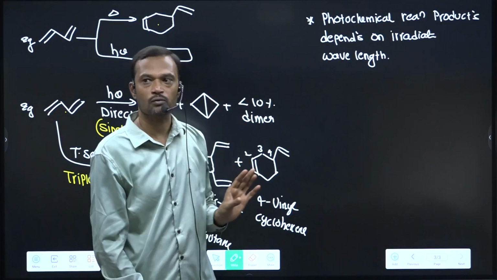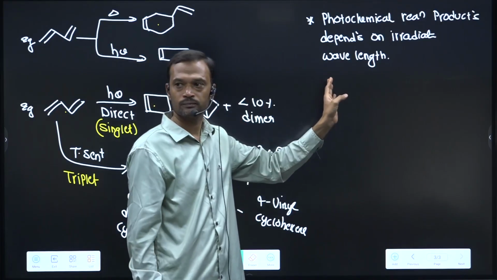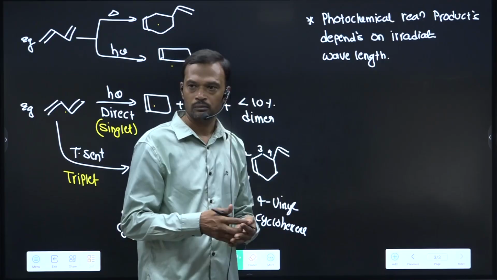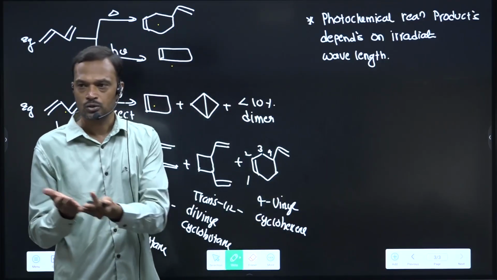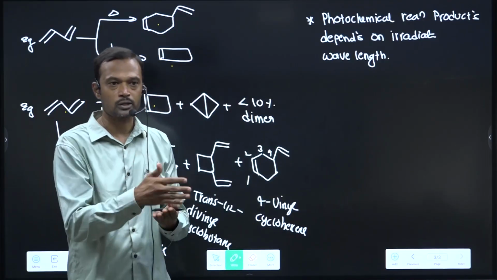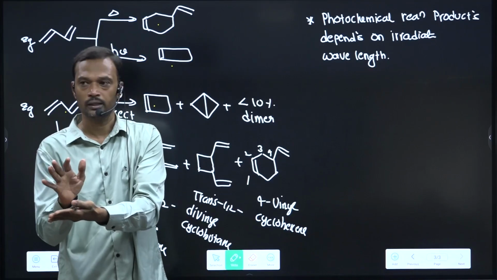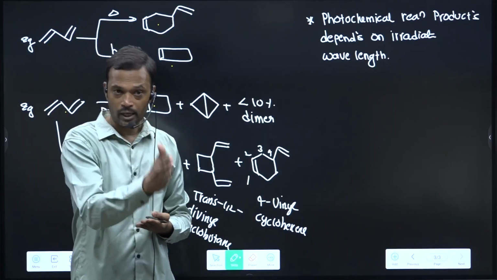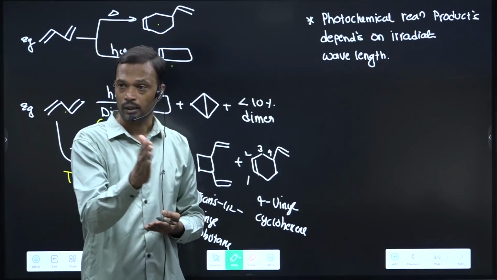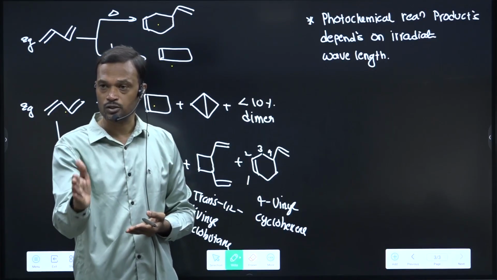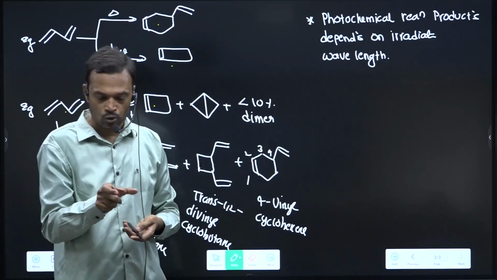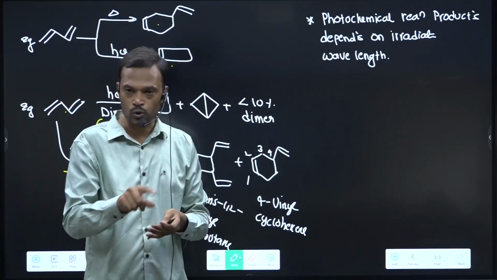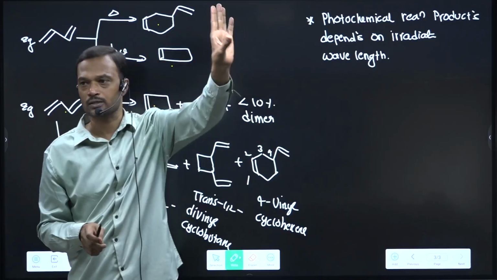There is a major disadvantage in photochemistry. First we need to take that sample, go to the laboratory, and take the UV spectrum of that particular sample first. Suppose you are getting 10 transitions, one at 200, another at 210, another at 230, like that. Now for the first transition, 200, use 200 lambda, then you will get this answer.